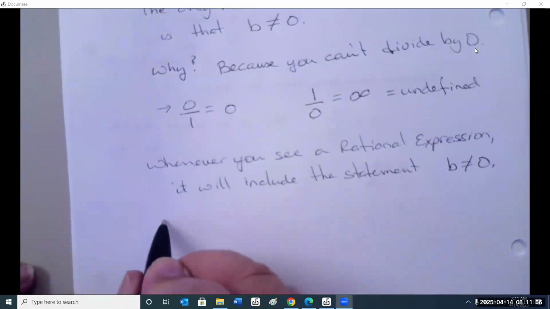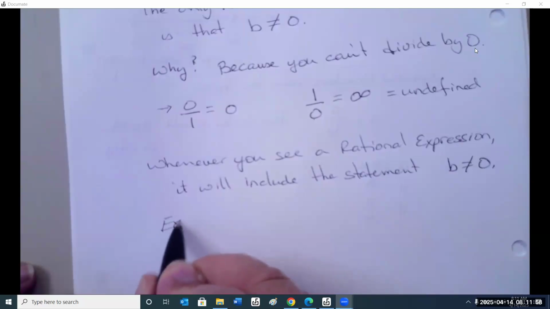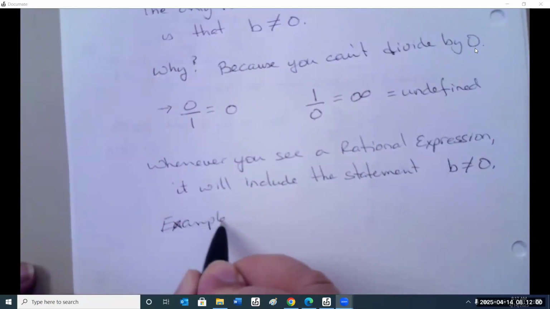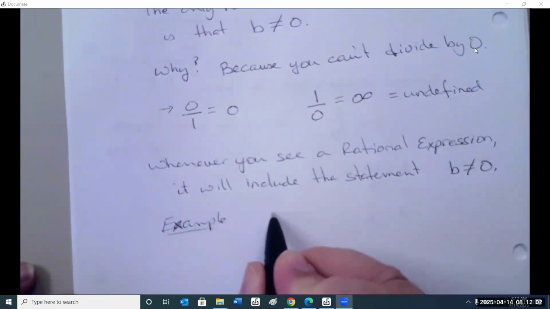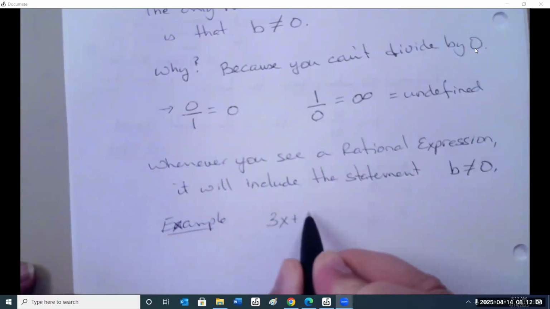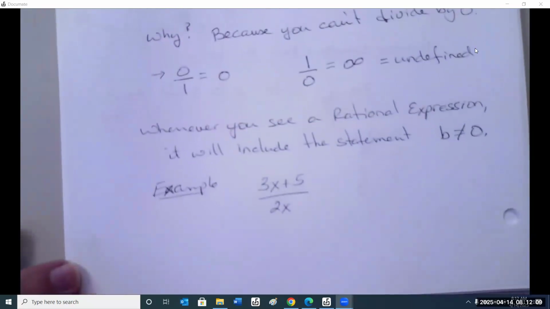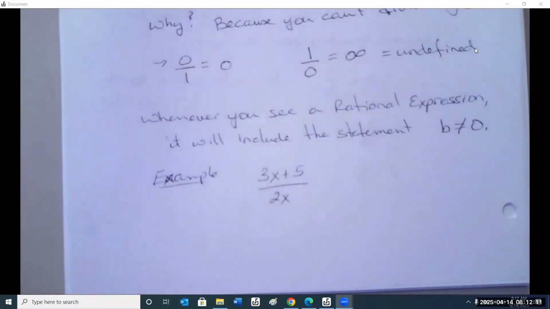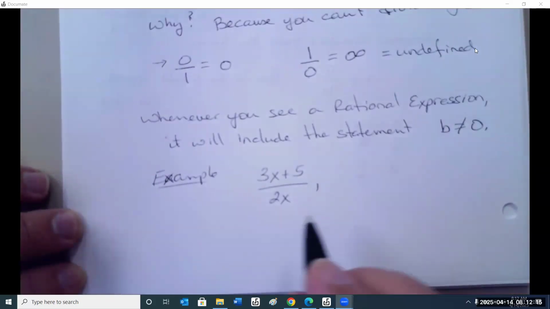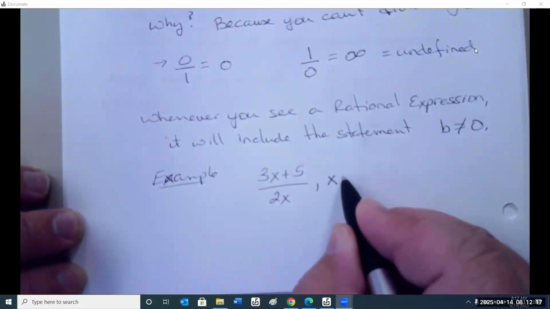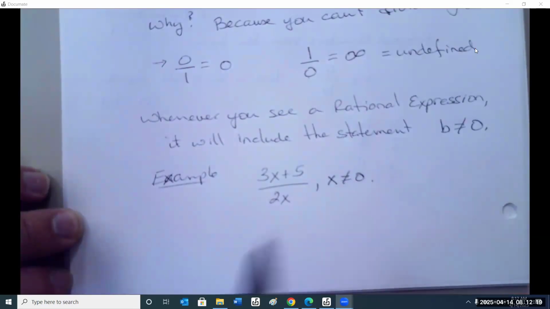For example, if I give you this, I will have to have it followed by x cannot equal 0.